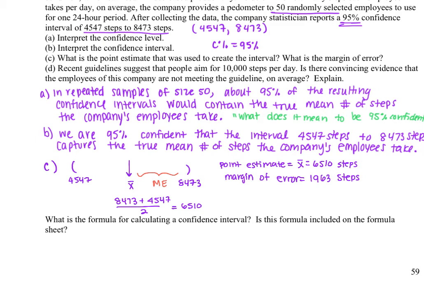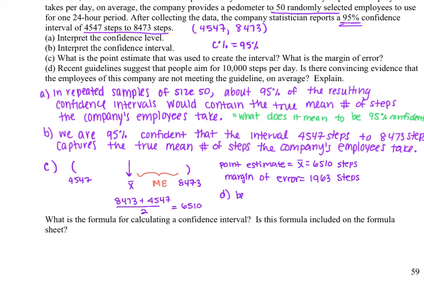So let's look at part D now. Recent guidelines suggest that people aim for 10,000 steps per day. Is there convincing evidence that the employees of this company are not meeting the guidelines on average? So my interval only goes up to 8,473. So that means the true average number of steps my employees are taking is less than 10,000 steps, no matter where inside that interval I fall.